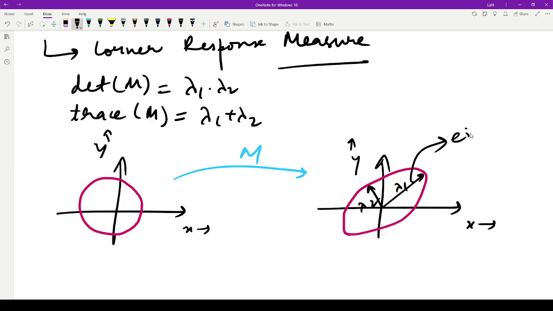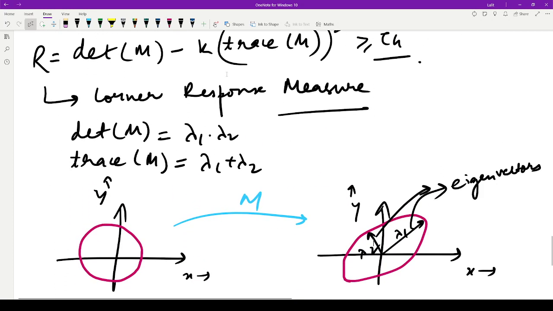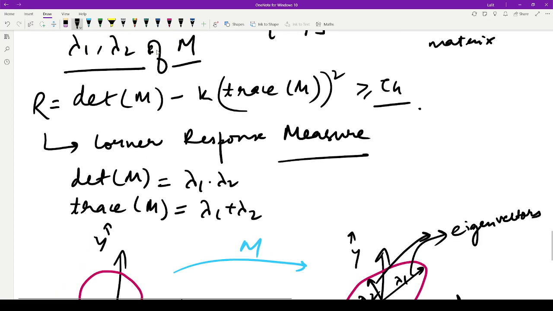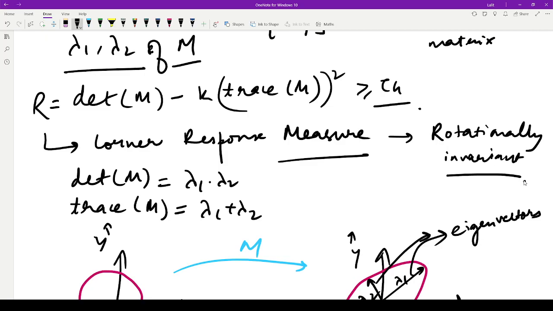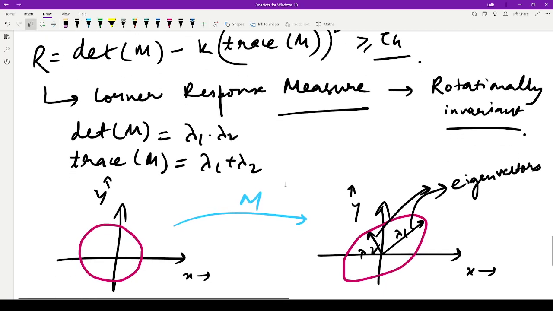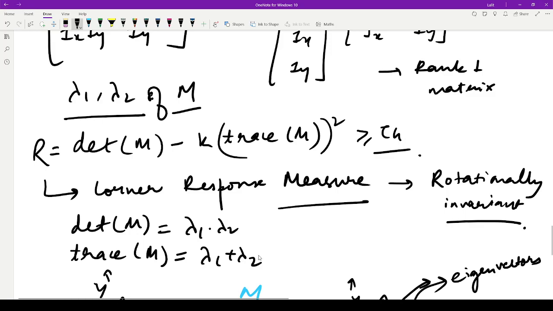And these are the eigenvectors out there. What you can clearly see from this expression is that they are independent of which direction the distortion happens. They are only concerned about the magnitude of the distortion. So this means this operator is rotationally invariant, since it's only dependent on lambda 1 and lambda 2 and not the specific directions.